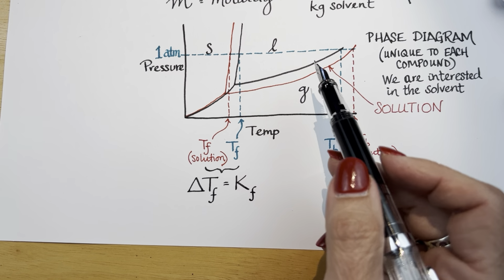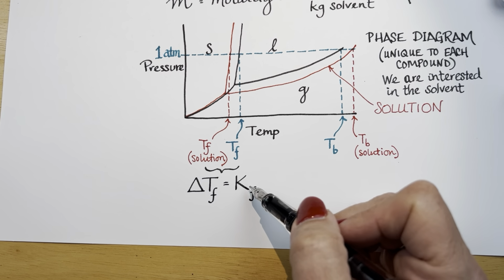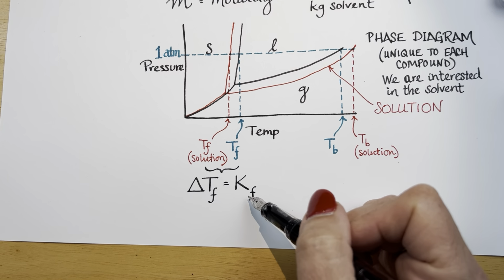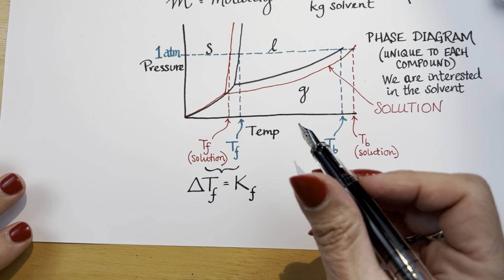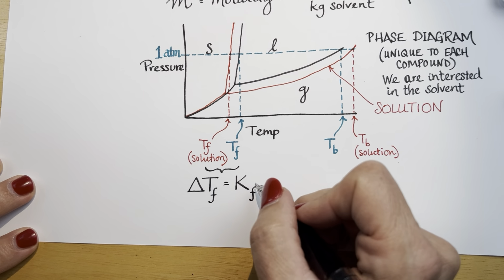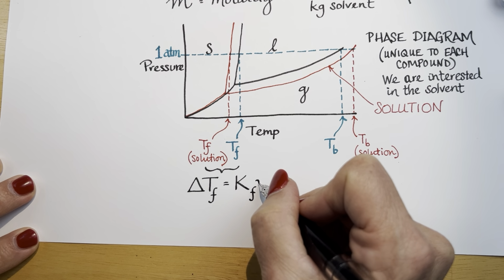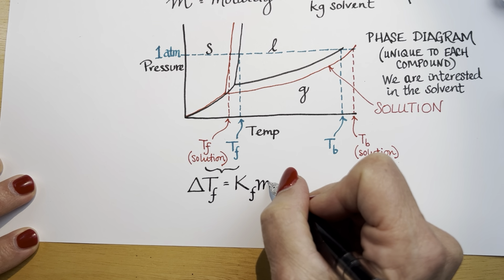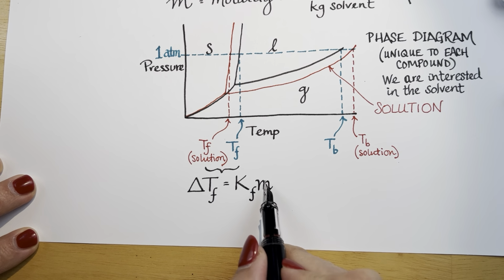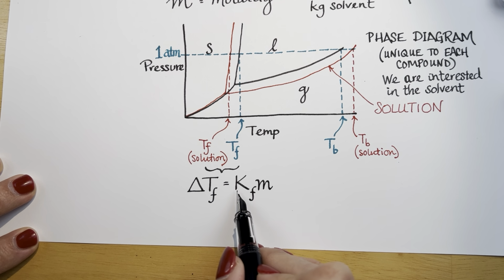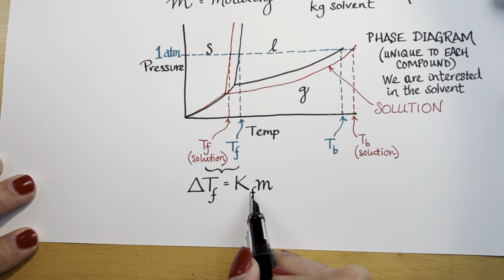In this case, it's the molal freezing point depression constant. So it's a very specific constant. We multiply the molality of this solution by the freezing point depression constant for that solvent.